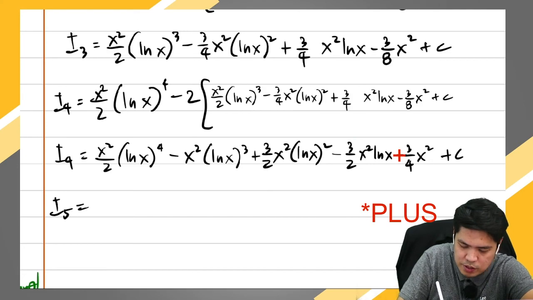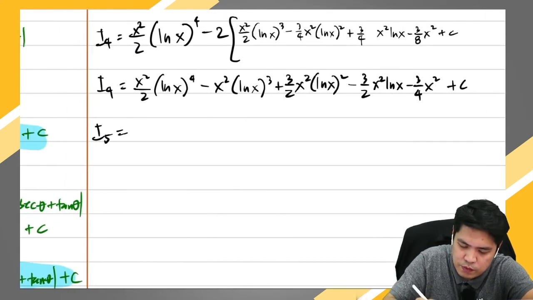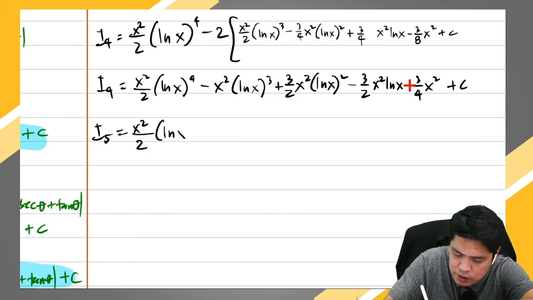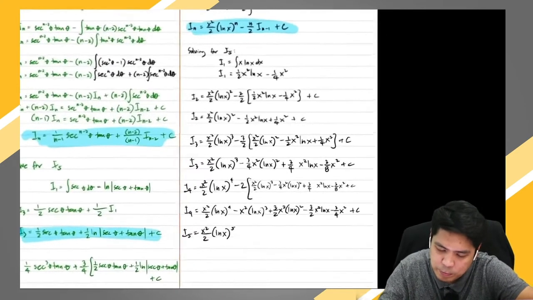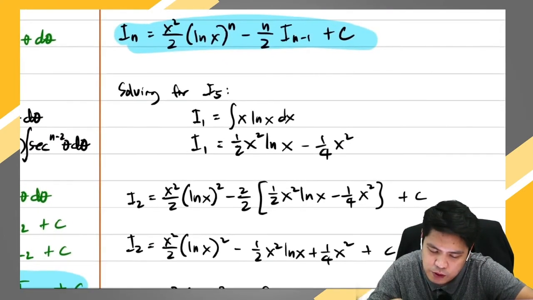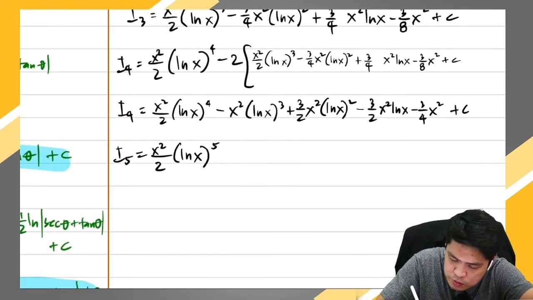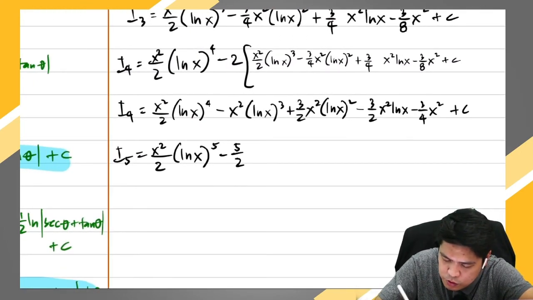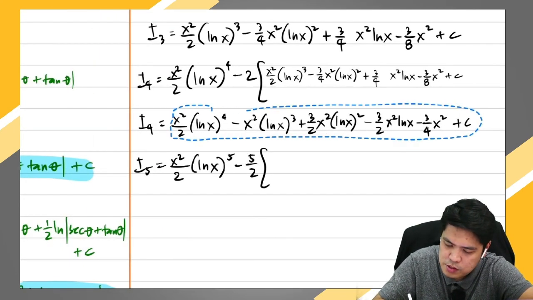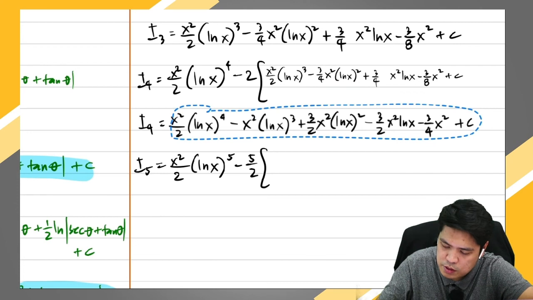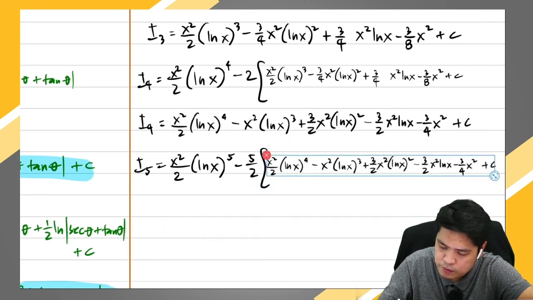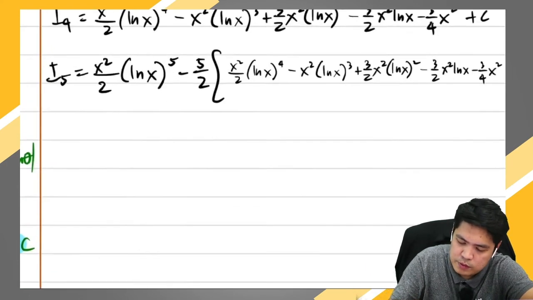Then, solve na si I sub 5. So, I sub 5, that is just x squared over 2 ln x raised to 5 times, paano na yan? 5 over 2 minus 5 over 2, then I sub 4. I need to copy this and multiply it by 5 over 4. Ayan. Then simplify.